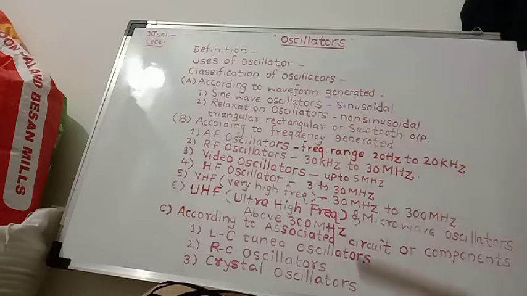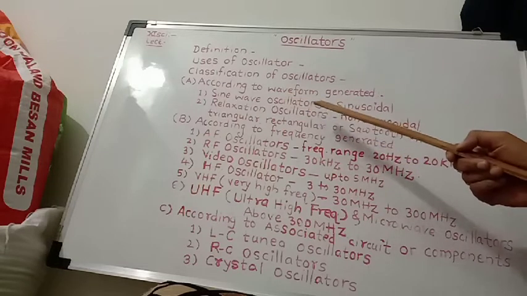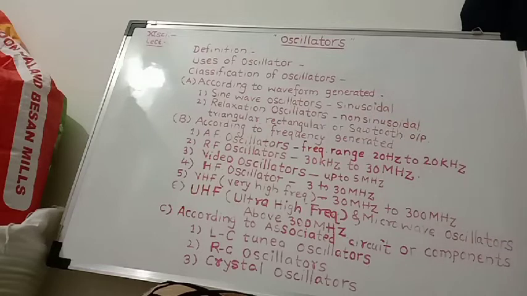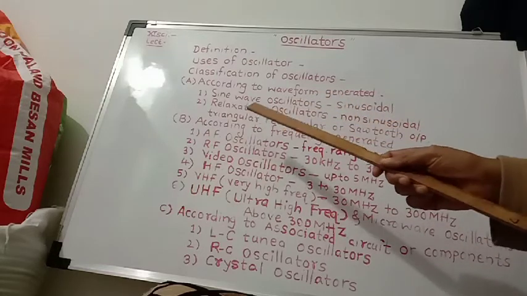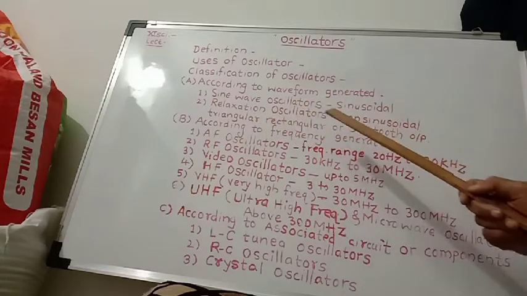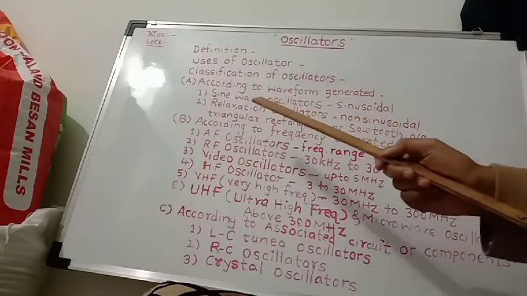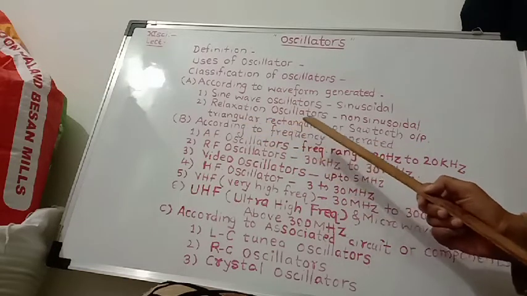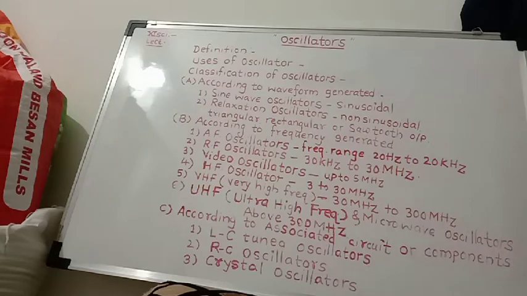There are two types: sine wave oscillators, also called sinusoidal oscillators, and non-sinusoidal oscillators, also called relaxation oscillators. These generate triangular waves, rectangular waves, or sawtooth waves.